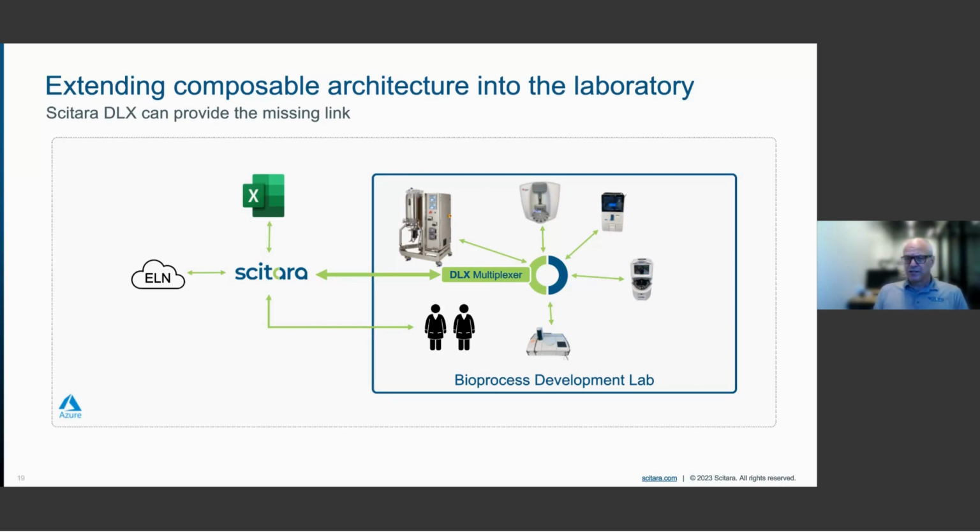And really, you'd like to run that whole process from an ELN, or even be able to send that data to a spreadsheet. So what you can do with DLX then is get the connectivity for all of these instruments and bioreactors that you want to be able to participate in this, and then begin to write these applications or orchestrations that will allow you to move all this data around and respond to all the events in here.